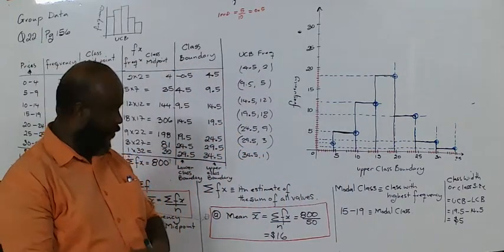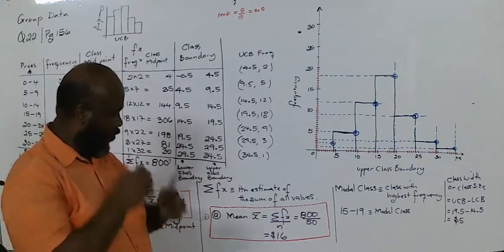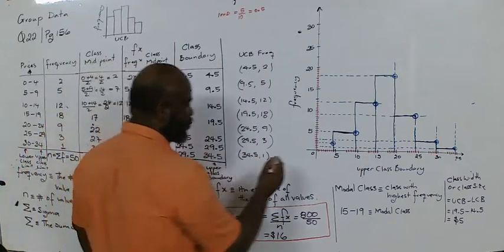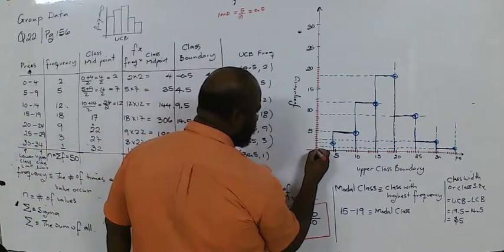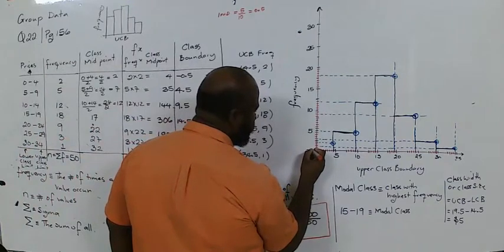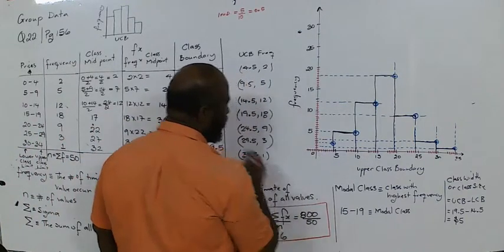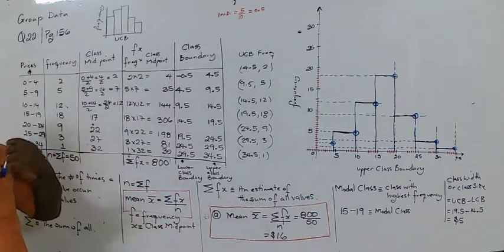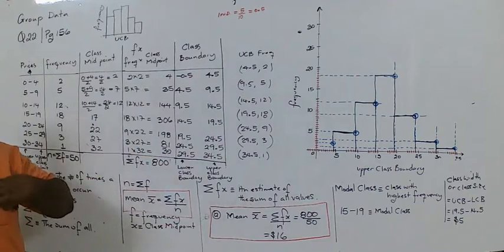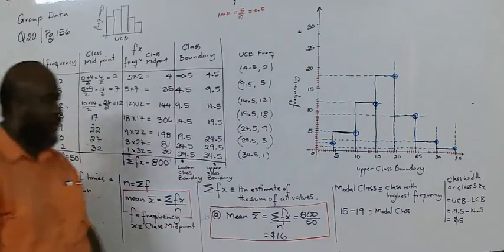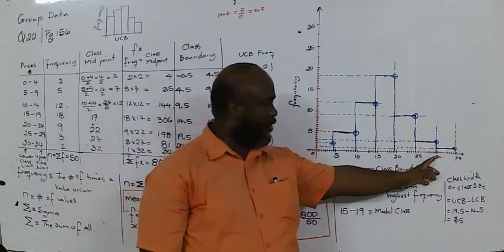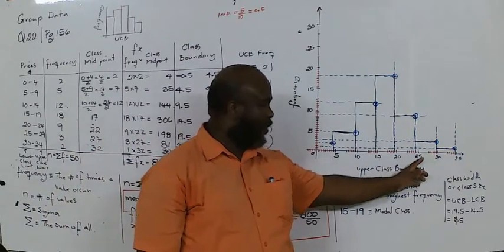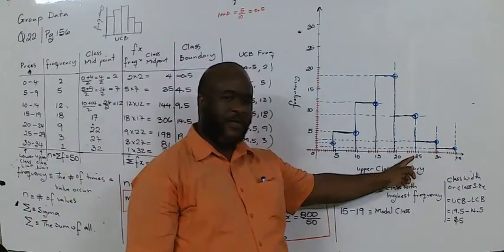I need for you to look carefully, because there's a little issue where the first one starts. You see when you follow this, there's a pattern. This one starts just before what? 15.